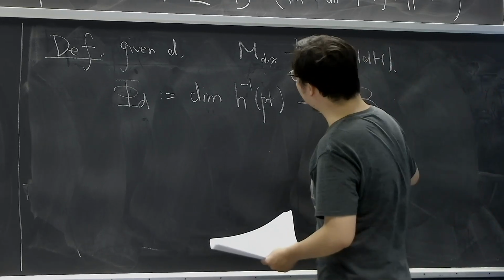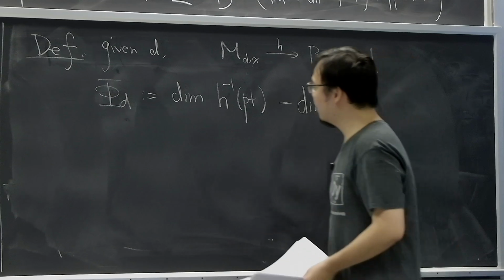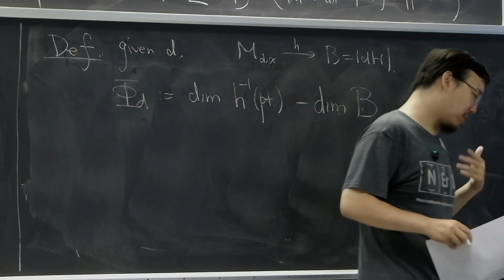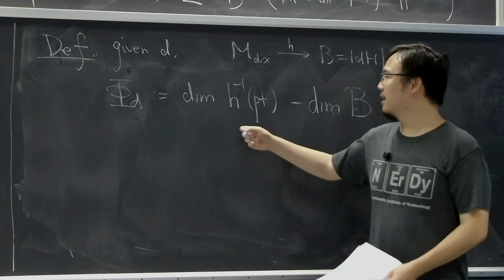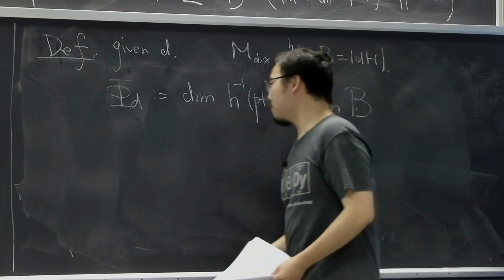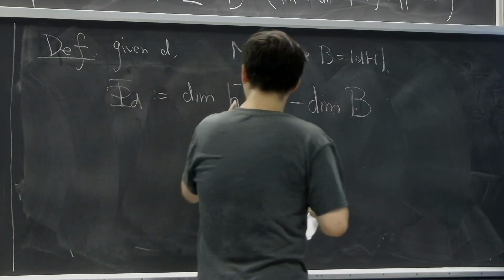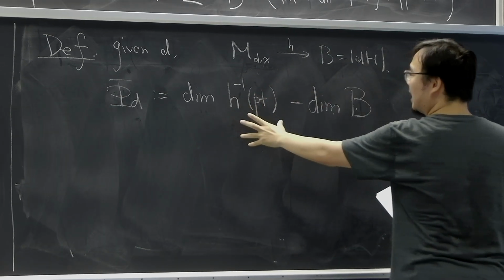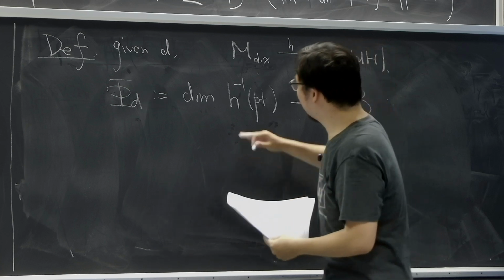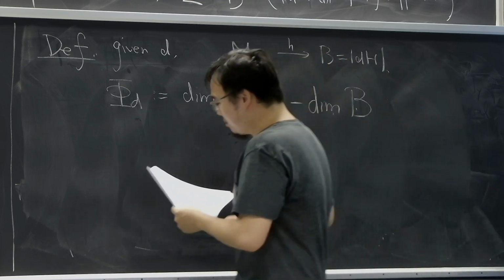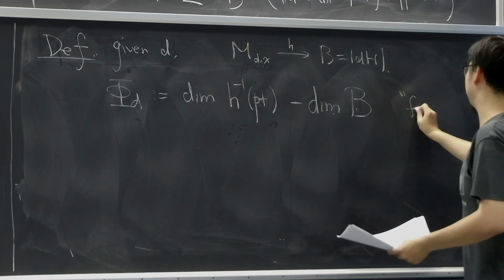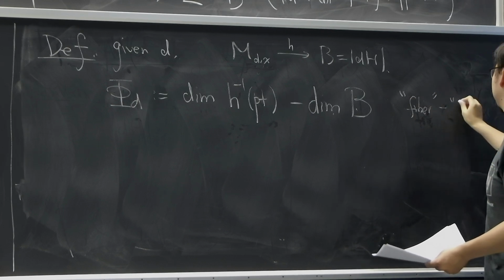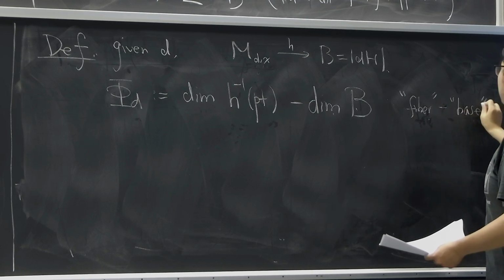A priori, the Ngo support theorem, or its original version, the Goresky-MacPherson equality, tells you that the codimension of the support depends highly on the fiber dimension. So we put this as the invariant, measuring the size of the fiber minus the size of the base, to see how they are different.